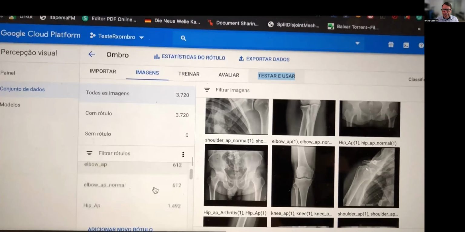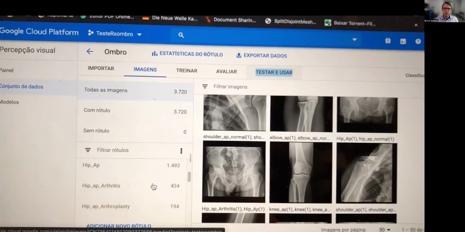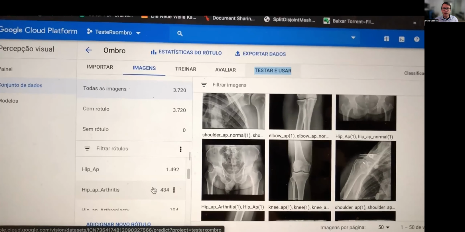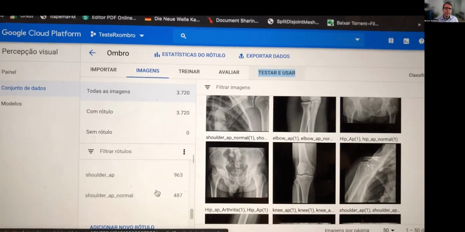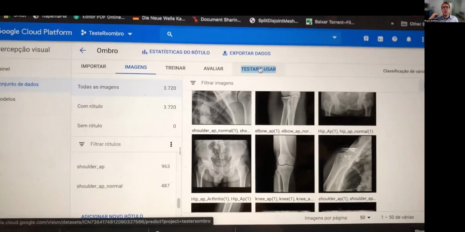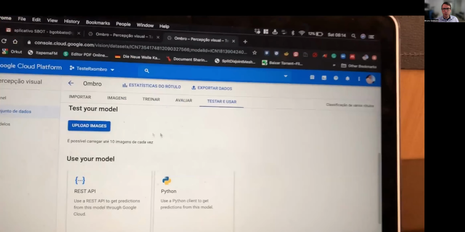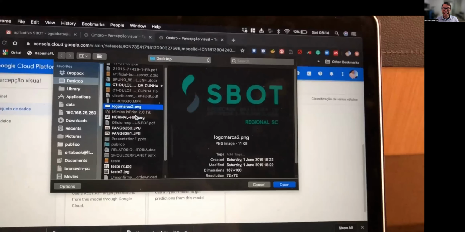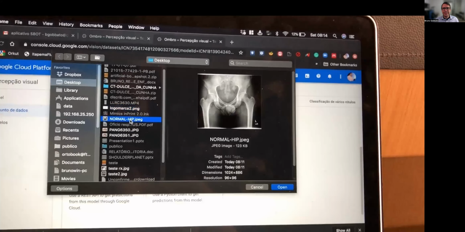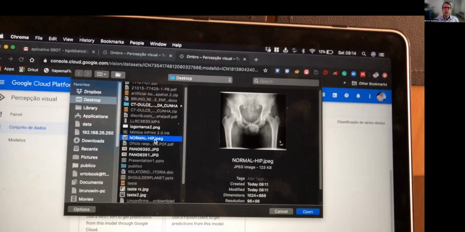These are all patients, and I told the machine learning, well, this is a hip AP view, this is a hip arthritis, this is a knee arthritis, this is a normal knee, this is a normal shoulder, this is a fracture. Then we are going to test with images that this machine learning has never seen. I downloaded pictures from the internet that my computer, my robot, has never seen, and then we test if it is accurate.